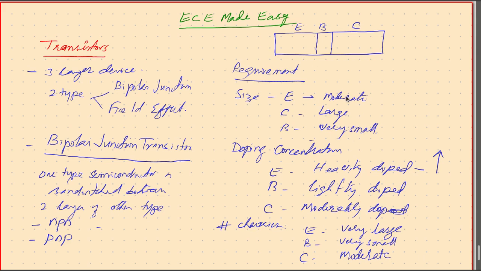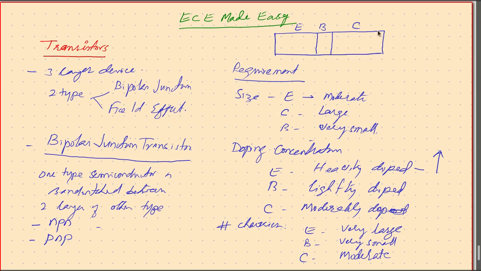And this configuration, the moderate size of emitter, heavily doped emitter, creating large number of free charge carriers, lightly doped base with a small size, going to create very small amount of charge carriers in the base, and moderately doped collector with a big size is going to make quite a good number of carriers for conduction.